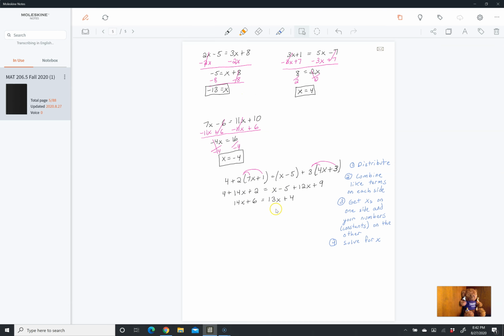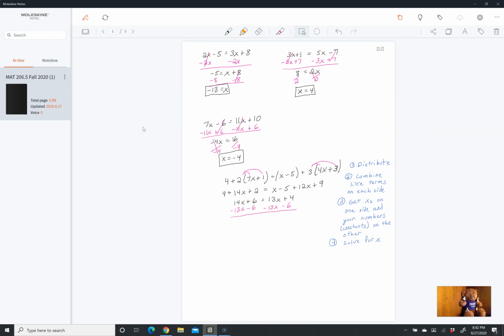So let's get the 13x over onto the left, okay? And that means that if we get the 13x to the left, we have to get the 6 over to the right. So we're going to subtract 13x from both sides. And then we're going to subtract 6 from both sides.